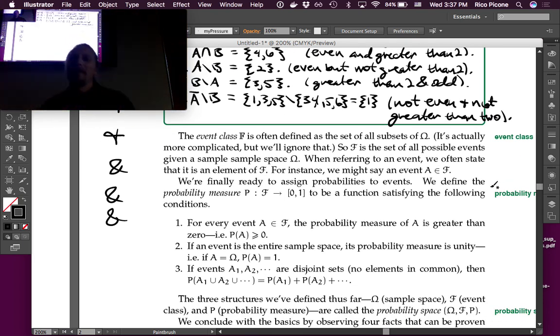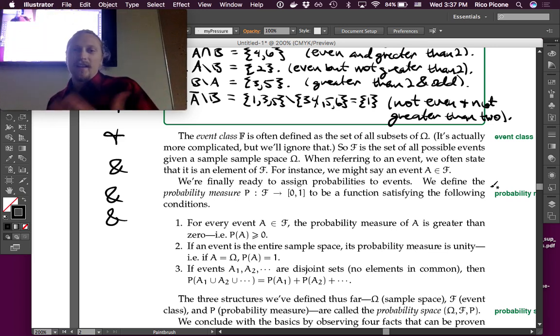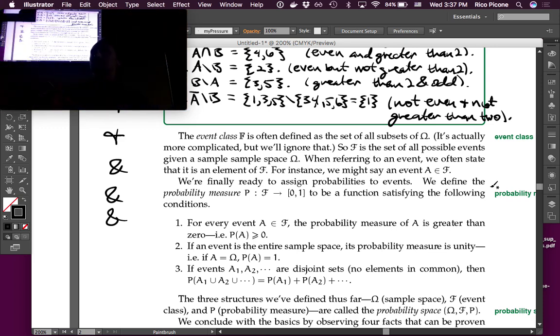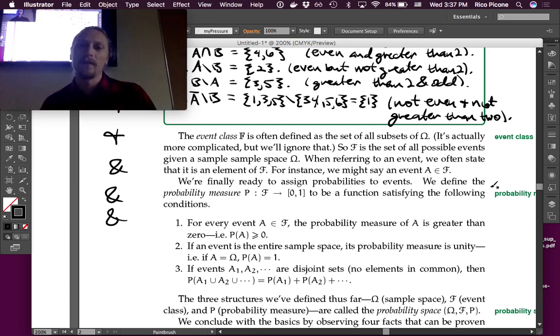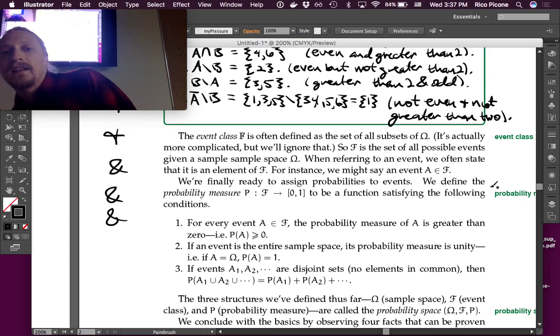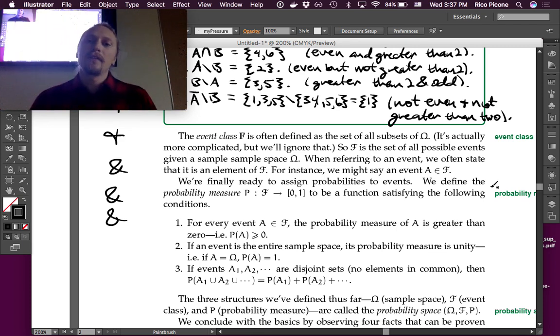So, with events, the idea is we can manipulate them as sets, and we can create other events from previous events. We can mash them together and talk about how they are related to each other. The event class F is often defined as the set of all subsets of omega.